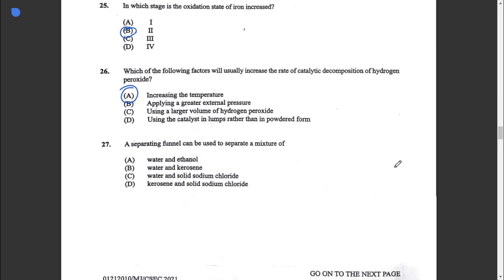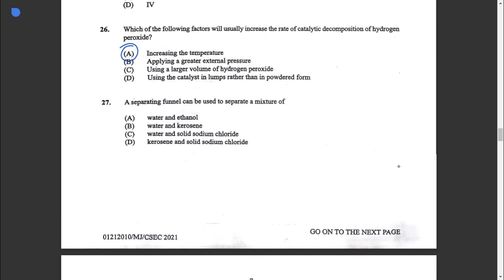All right. 27. A separatory funnel can be used to separate a mixture of... So we know that a sep funnel is used to separate two immiscible liquids, or liquids that are of different densities. Water and ethanol, that's a mixture, right? These two mix very nicely.